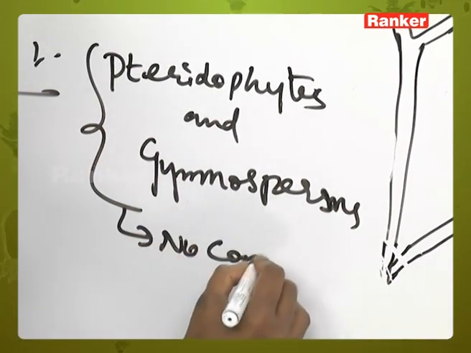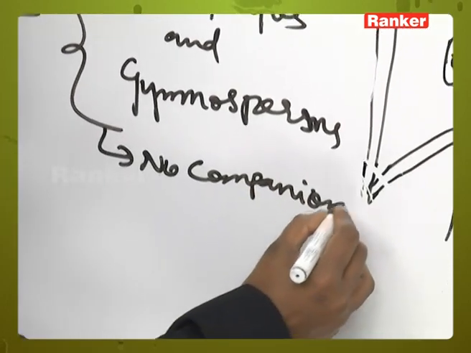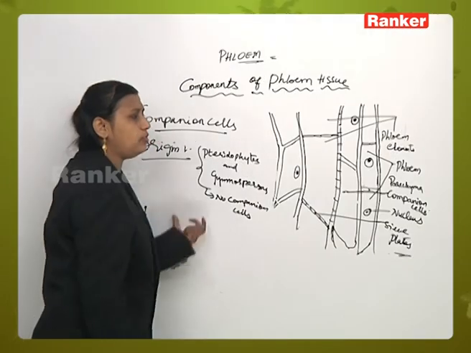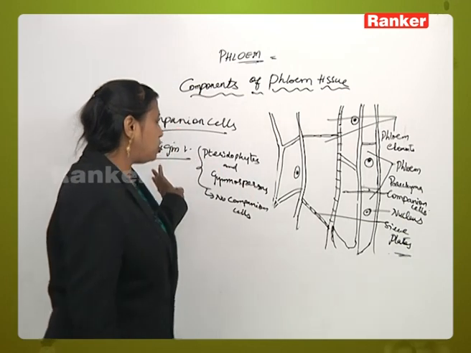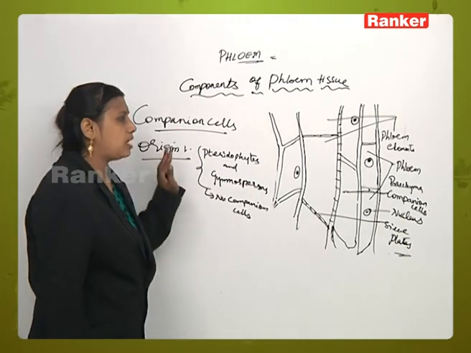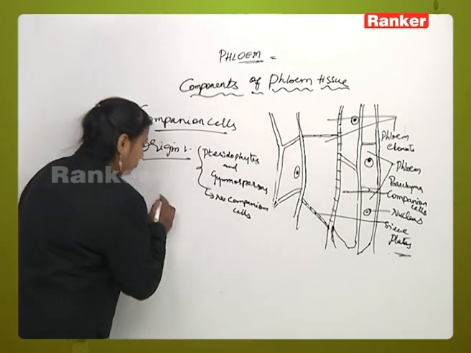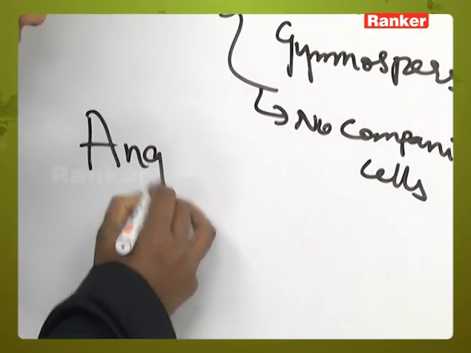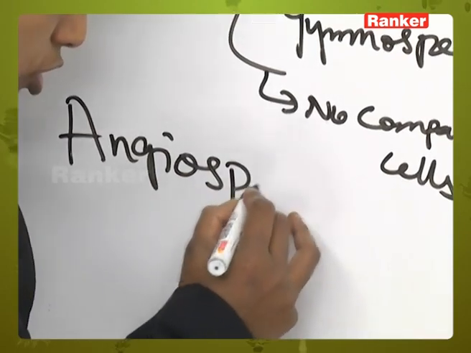No companion cells. So where do we see the companion cells? We can see the presence of companion cells in angiosperms.